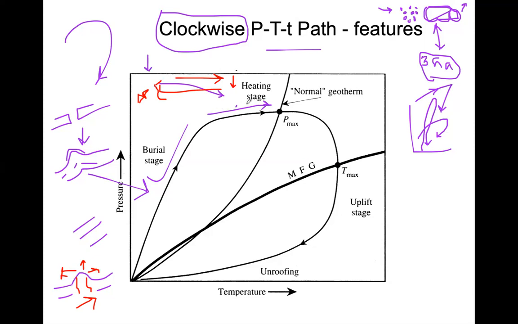Otherwise, slight compression can be taking place, increasing the pressure a very little, but the temperatures are still high, so it's increasing the temperature as well, right? So anyway, there is a heating stage after the maximum compression, or maximum pressure, and then finally it will reach the maximum temperature condition after these heating stages.